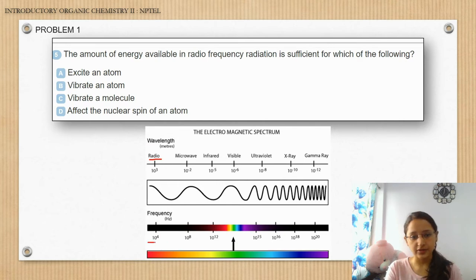As we go from the radio frequency range to gamma rays, the wavelength is decreasing and the frequency is increasing dramatically. So now we get the idea that these are higher in wavelength and lower in frequency radiations.